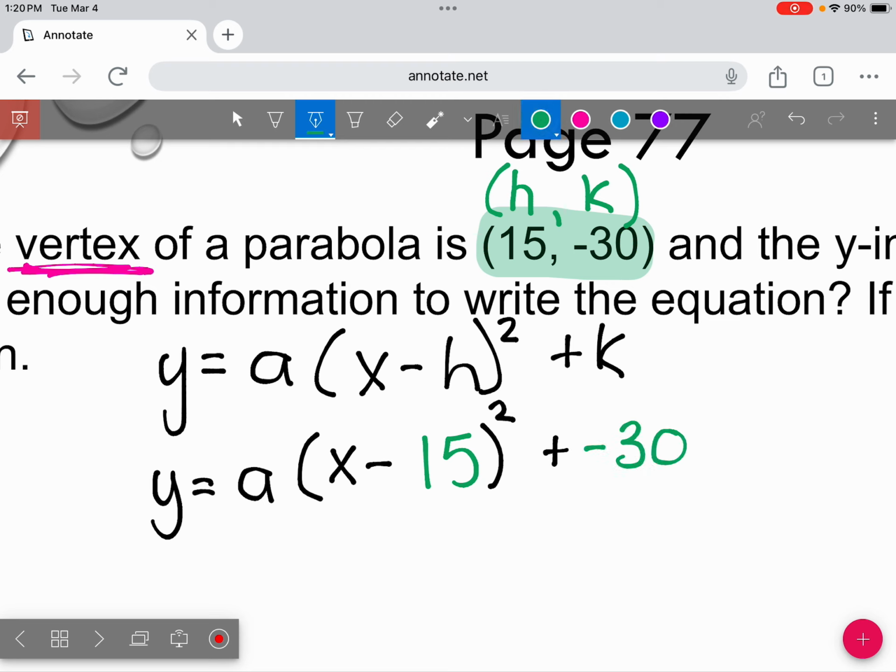Do I need to have both the plus and the negative there? No. Is it okay to have both of them there? Totally fine. It's not the best math grammar, but it's not wrong. So now I have our equation kind of half filled in. But we have too many variables still. I have a y, an a, and an x left. I got to figure out what one of the things is.